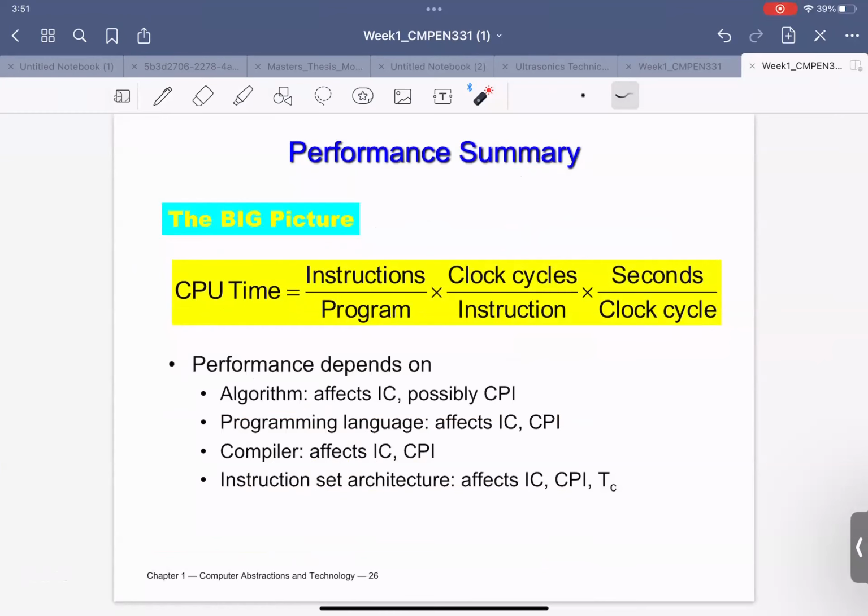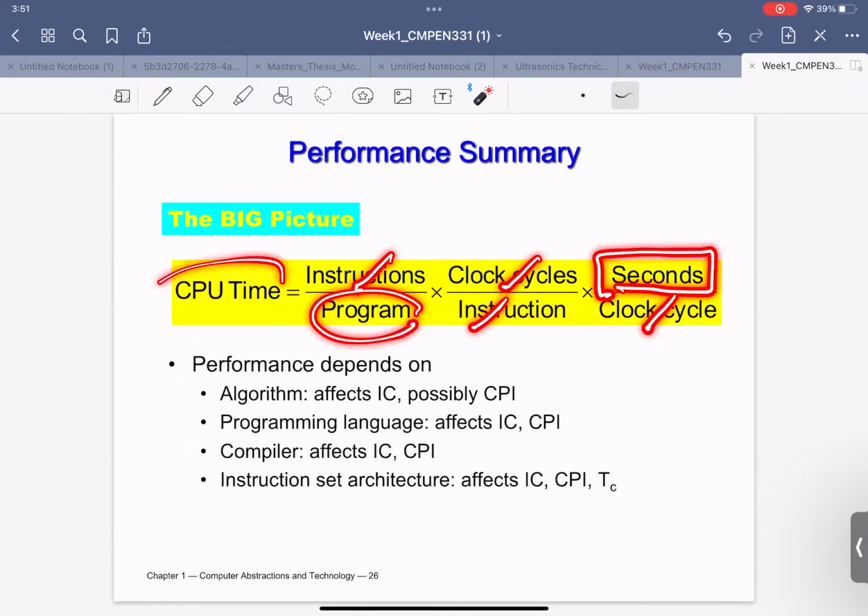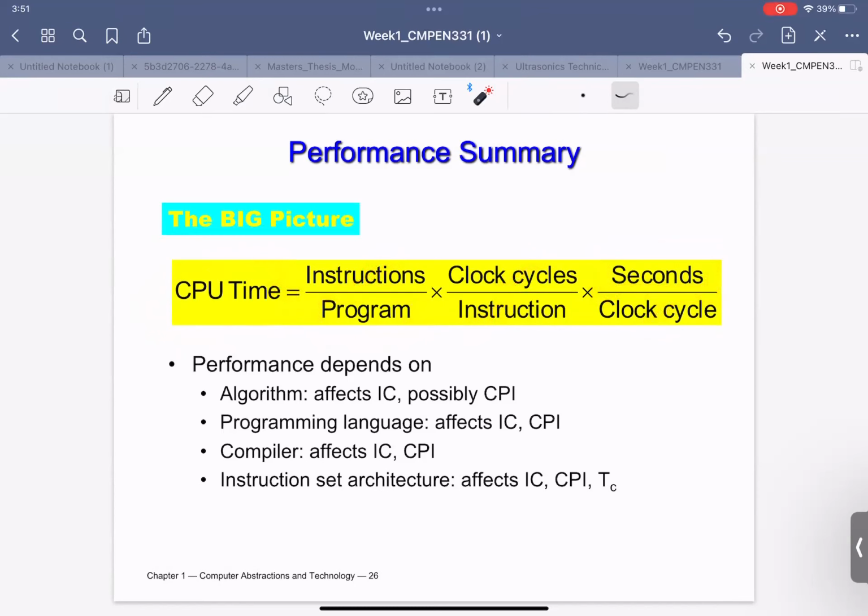So we can have it here also: instructions per program multiplied by clock cycles per instruction multiplied by seconds per clock cycle. To make sure this is conceptually correct, the units cancel out, and at the very end it is just how many seconds per certain program, which is the CPU time in this particular case.